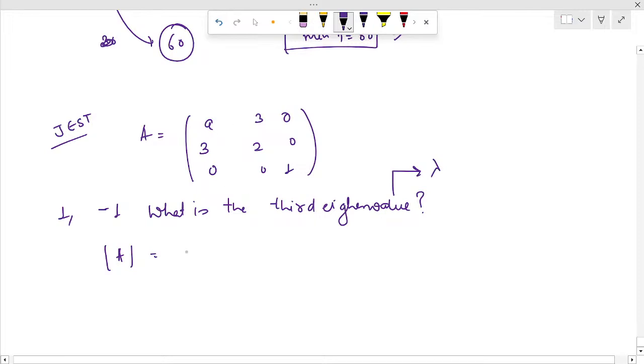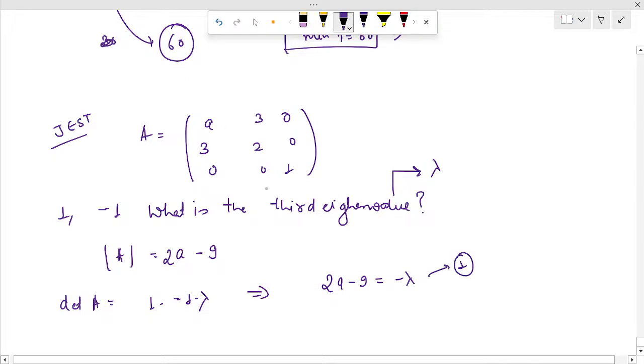If I find the determinant, it will be equal to 2a minus 9. So this determinant of A would be equal to the product of eigenvalues. So I'll write 2a minus 9 will be equal to minus lambda.